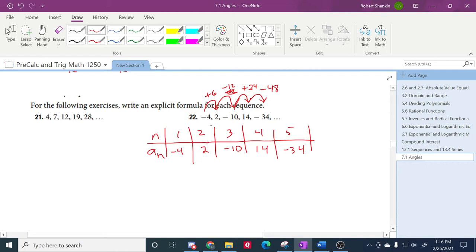So now, if I multiply by a negative number to go from one to the next, that'll alternate the sign, because every time you multiply by a negative, it changes the sign of the previous thing. Okay. And these things, how am I going to get to these?